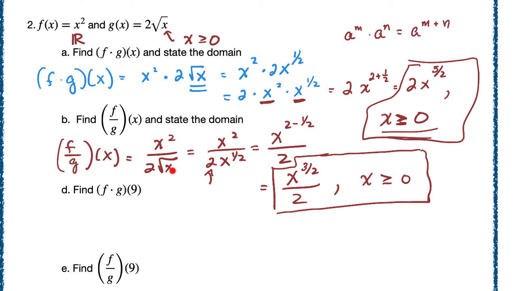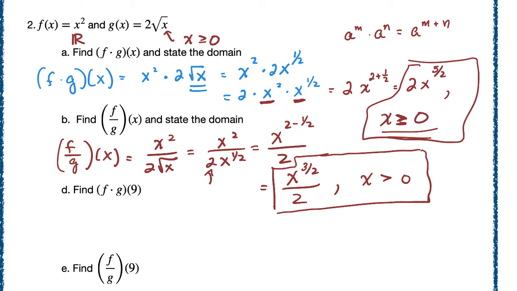But if I were to plug a 0 in for x, I'd have 2 times 0, because the square root of 0 is 0. And you'd end up dividing by 0, and it's not legal to divide by 0. So we can't have 0 as an x value, and so we're going to get rid of this equal sign right there. And so our domain is going to be restricted to just x values that are greater than 0. And that prevents the denominator from ever being a 0.